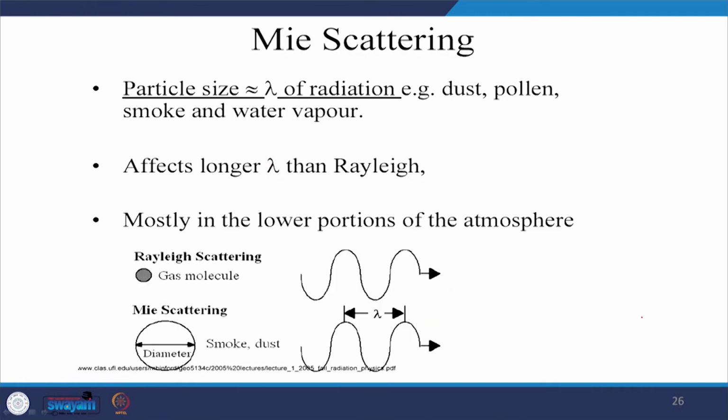This scattering takes place due to particles such as dust, pollen, smoke and water vapor, and it affects slightly longer wavelengths. So mostly in the lower part of the atmosphere, due to the gas molecules, Rayleigh scattering will take place. Due to the smoke and dust, Mie scattering will take place.